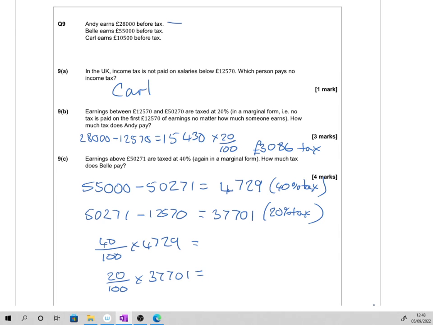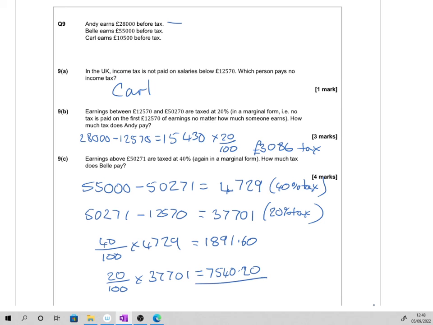So 40 divided by 100 times 4,729, which is 1,891.60, and 20% of 37,701 is 7,540.20.